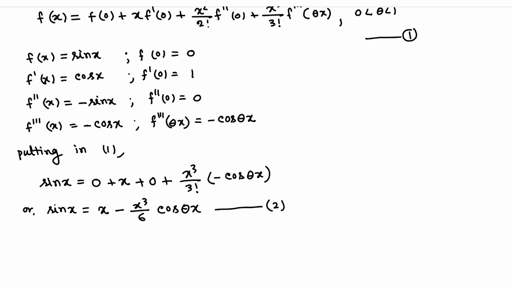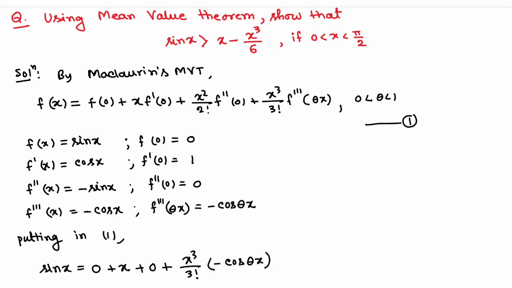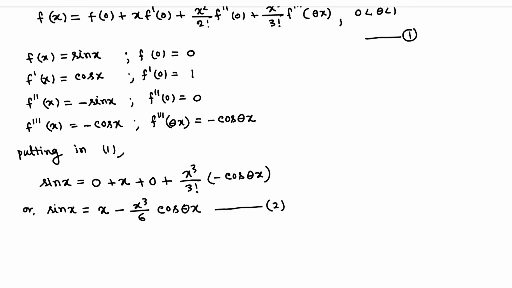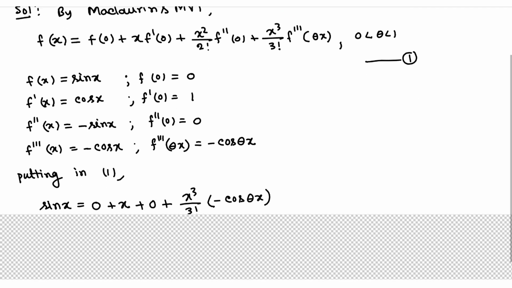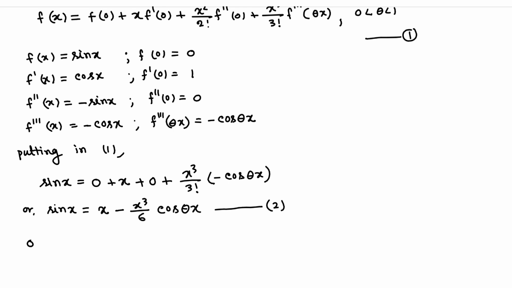Now the problem is we have this inequality sign. And we know that we can get the inequality from the expression 0 less than theta less than 1. Clear? Also here it is given that the value of x is 0 less than x less than pi by 2, and we know 0 less than theta less than 1.